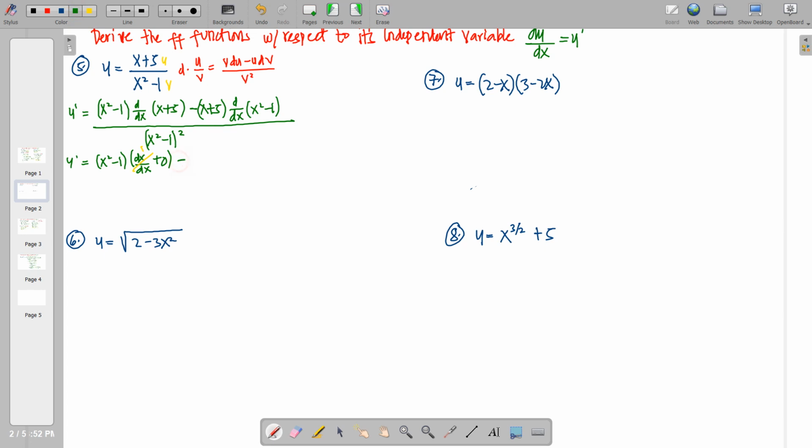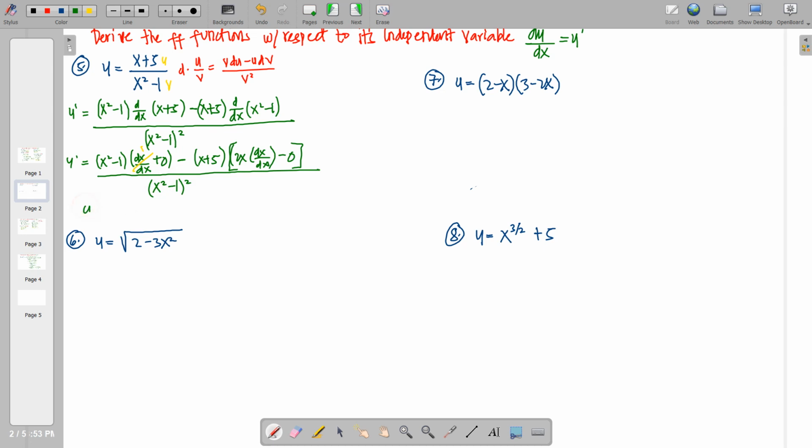Then minus x plus 5, derivative of that inside term for the first term, that is 2x dx over dx minus 0. Okay, so divided by your denominator x squared minus 1, this is squared.